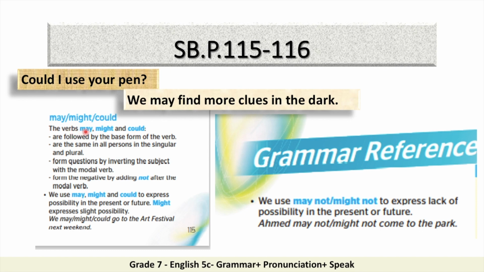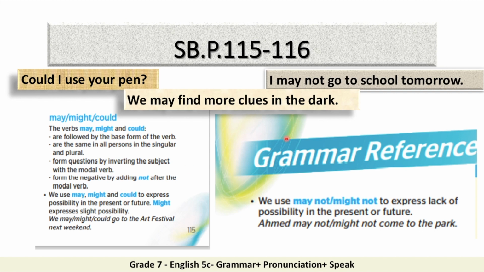Okay. The verbs may, might, and could form the negative by adding not after the modal verb. For example, I may not go to school tomorrow. I may not. We might not. So I add not after the modal verb.